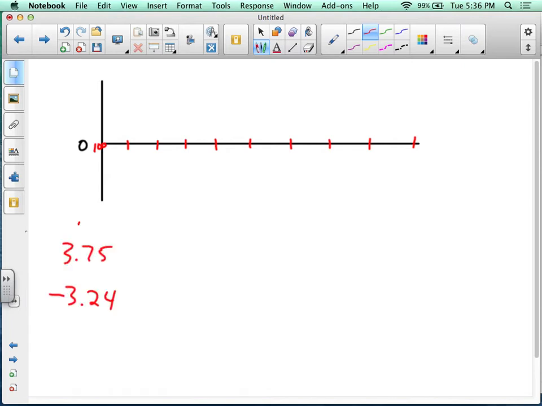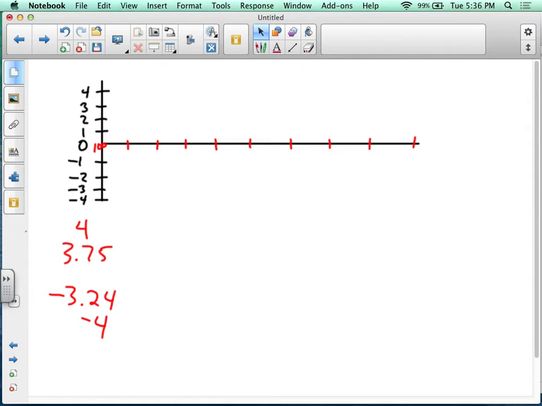You want to go above and below to a good number when you put your tick marks here. If you notice, 1, 2, 3, 4, 1, 2, 3, 4. Okay, so this is 1, 2, 3, 4, negative 1, negative 2, negative 3, negative 4. This is how you're going to measure your residuals, and we're going to plot these points, okay? Let me go ahead and get rid of that.